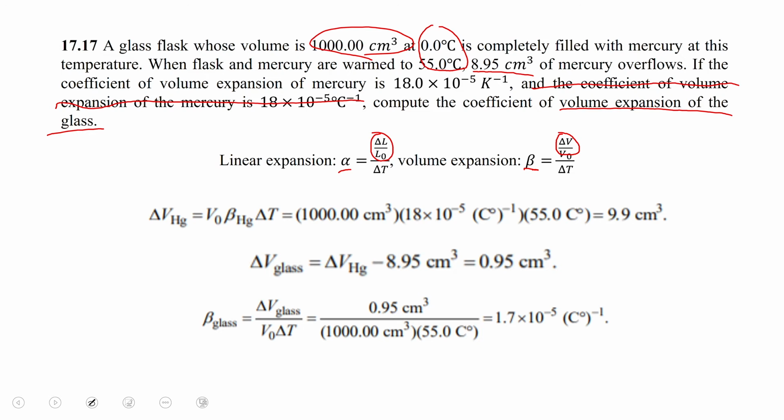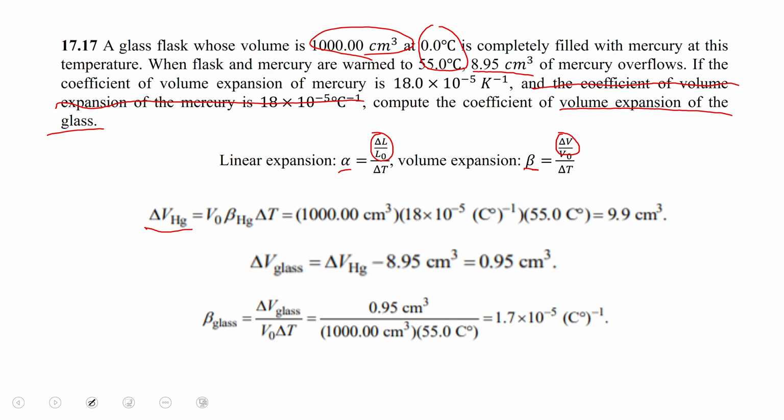Okay, so if we know the coefficient of the mercury, then we can calculate the volume change for the mercury. The volume change for the mercury can be solved by multiplying the change of the temperature, the coefficient, and also the initial volume.